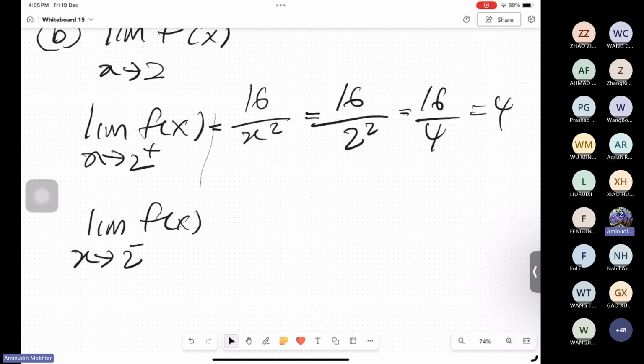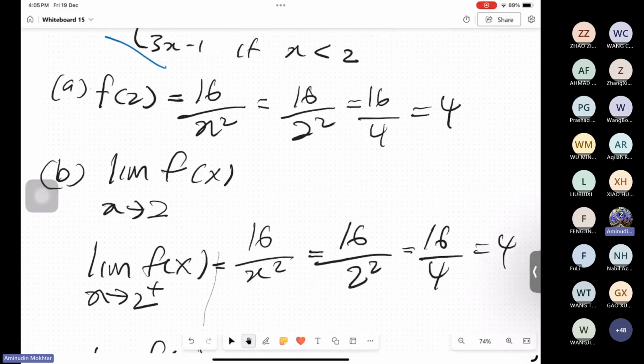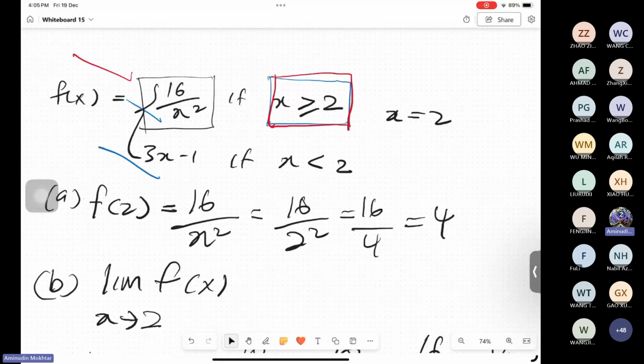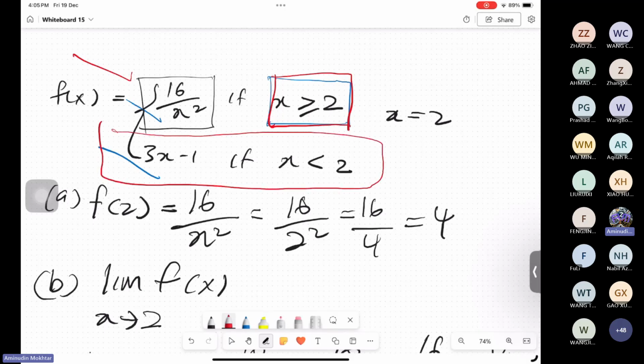So when we choose x from the left, meaning the value is less than 2, we need to apply the second part of the equation, 3x minus 1, for x less than 2.